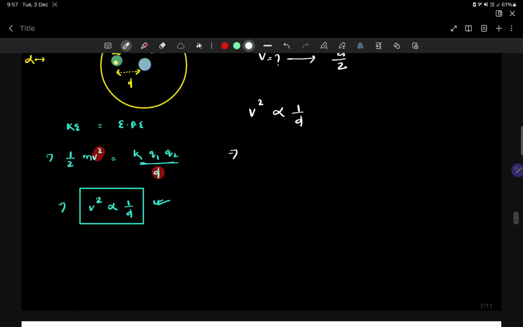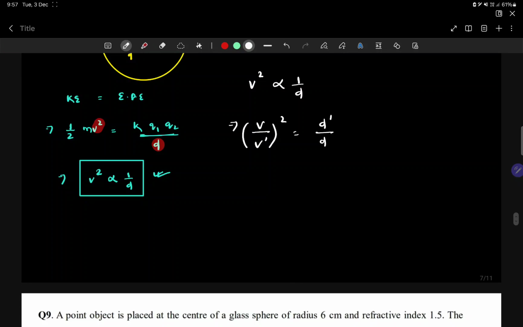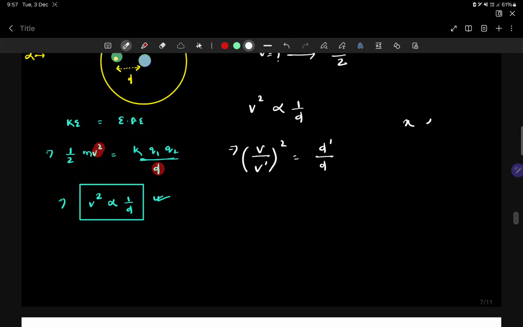So we can write v by v dash whole square equals d dash by d, as it is inversely proportional. We know when x is proportional to y, x1 by x2 equals y1 by y2. So when x is proportional to 1 by y, x1 by x2 equals y2 by y1. Like this, when v square is proportional to 1 by d, we can write v by v dash whole square equals d dash by d.